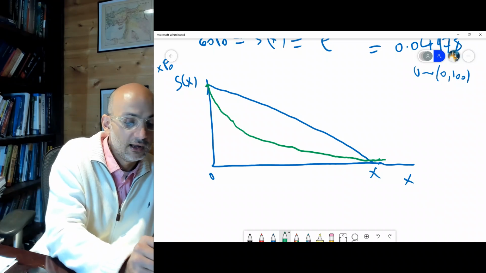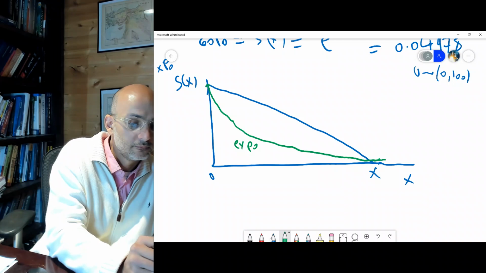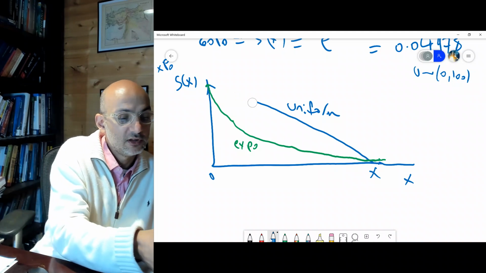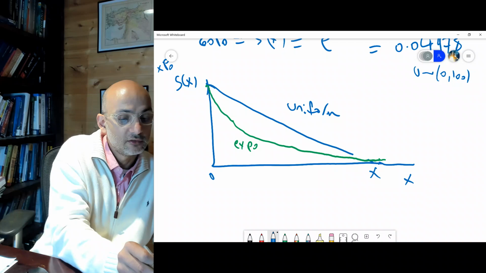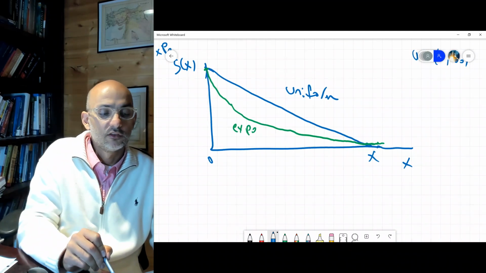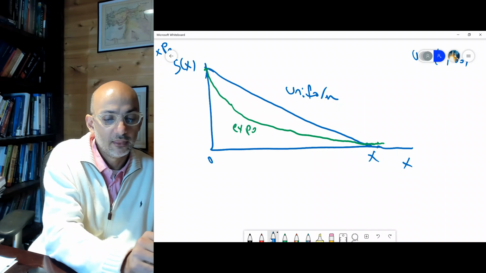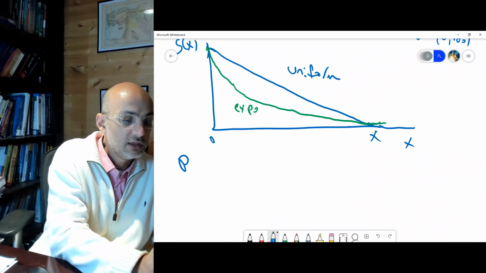And this is exponential, and this one is uniform, which should be a straight line. If it's not a straight line, it's because my handwriting is so bad. So you see the relationship. The exponential distribution goes down quickly at the beginning and then slows down.